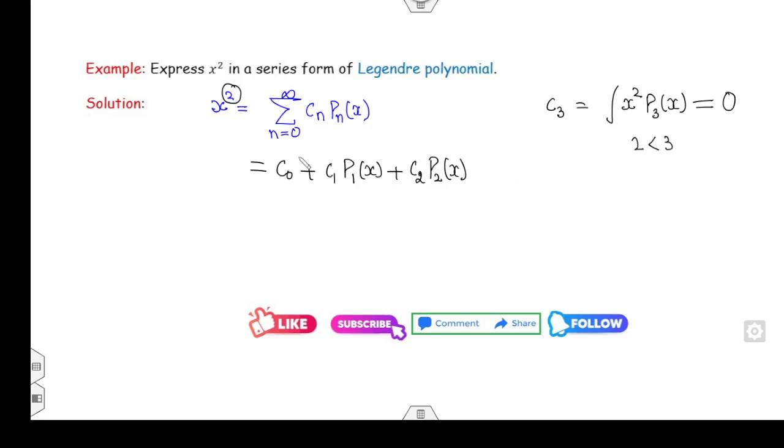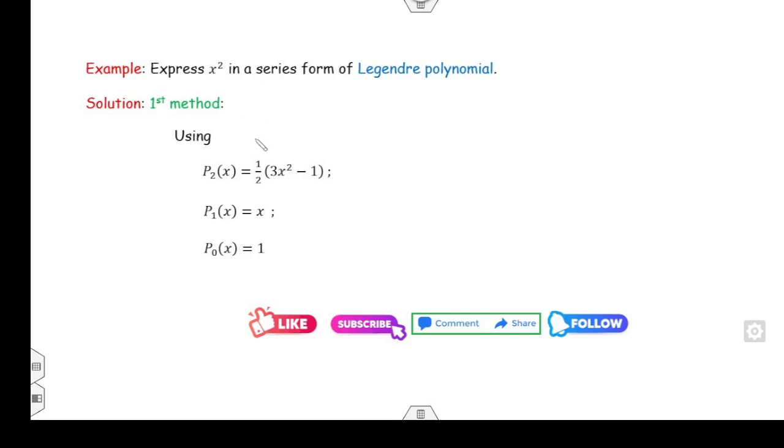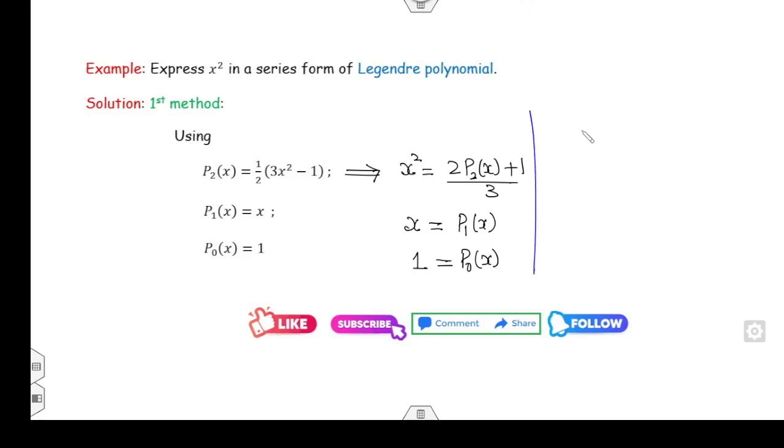Clear? So I will tell you 2 different methods for solving the problem. The first method is, I can use the Legendre polynomials P2, P1, P0. I can find the value of x squared. That will be twice P2(x) plus 1 divided by 3. I can find the value of x, which is my P1(x), and I can find the value of 1, which is P0(x). I can substitute the value in the given f(x).